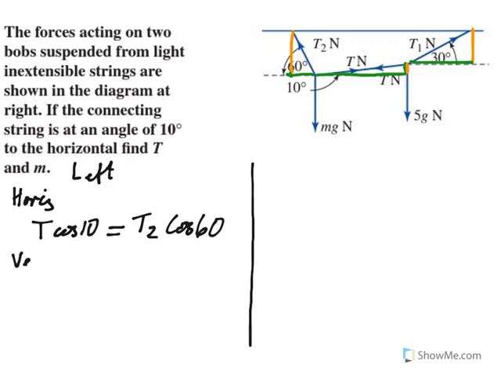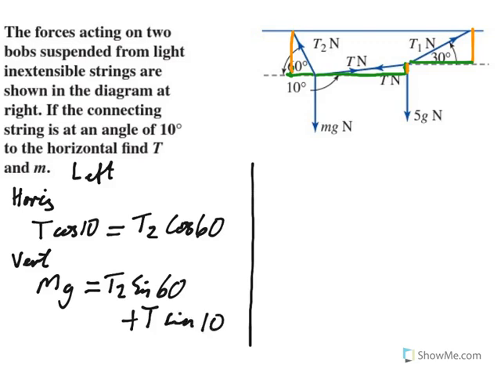And vertically on the left, we've got the mg down, and up we've got two things. We've got the T2 sine 60 plus we've got the T sine 10.